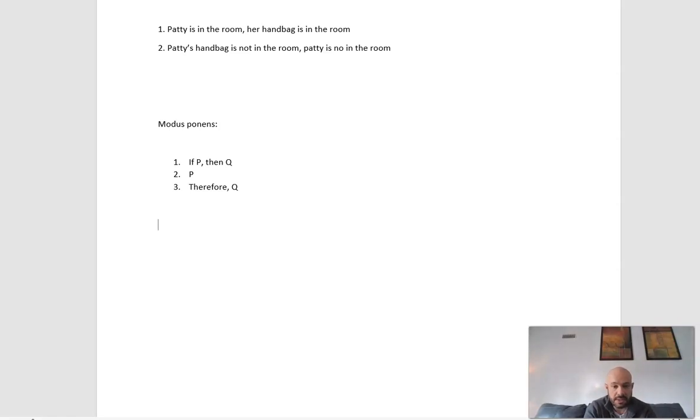And it's valid because the statement if P then Q means that the P guarantees the truth of the Q, and the Q is a requirement for the P, right? So if that premise is true, and number two is also true, that you have that guarantee, then what does that tell you about the Q? Well, it tells you that you must have met all the requirements.